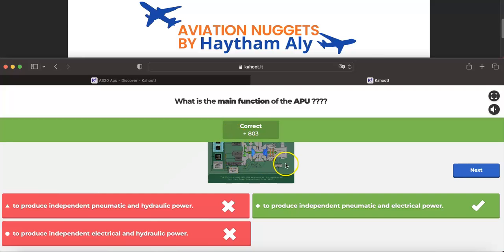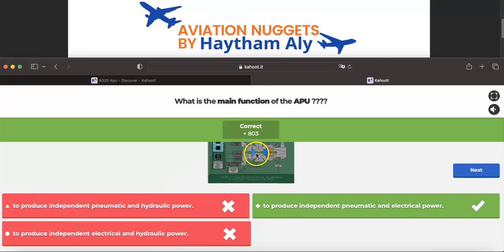Okay, so the power section is a single shaft, fixed speed, gas turbine engine composed of a compressor, combustion chamber, and a turbine. So the main function of the power section is to produce shaft power to run the load compressor. This load compressor is the compressor to supply the aircraft with bleed source, and the accessory gearbox.